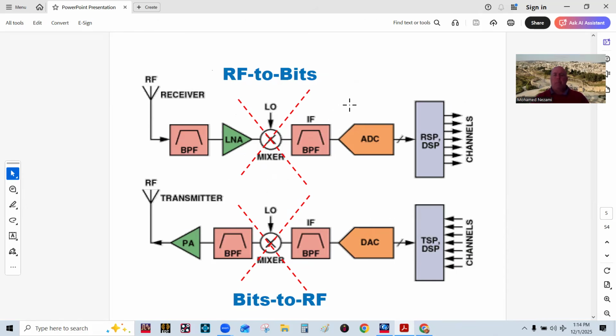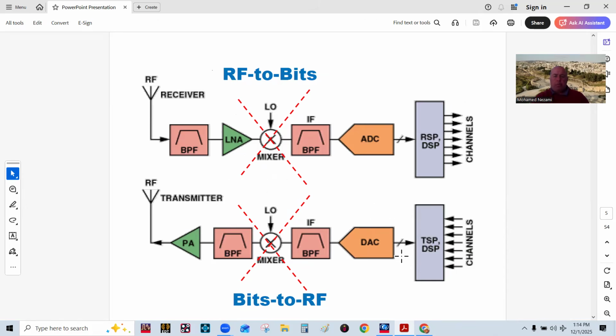We're sampling a carrier frequency that is above the sampling frequency of the ADC, yet we are able to recover the baseband of that passband at the zero hertz frequency. And we're going to go through that today.